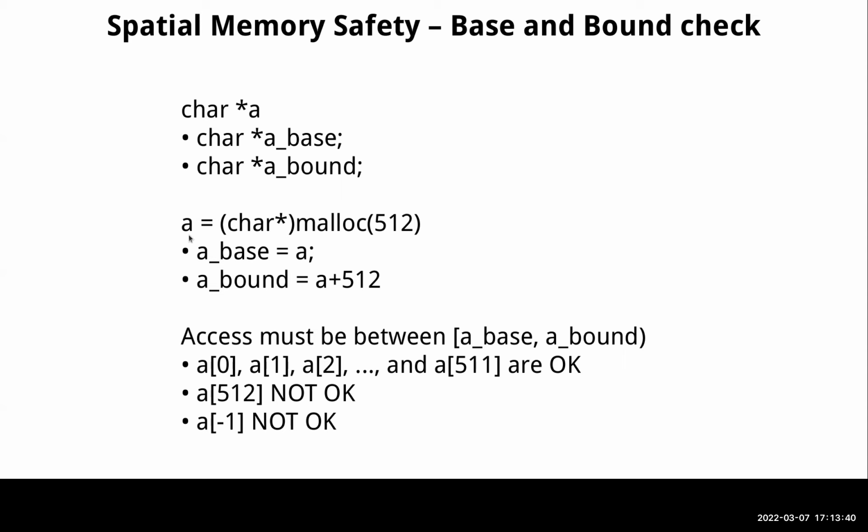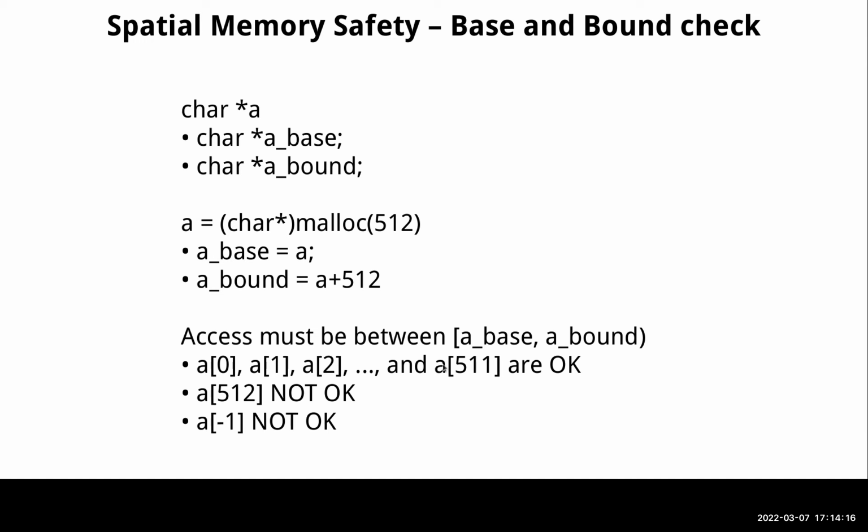Let's say we create a memory chunk and assign that memory chunk to A, then the compiler will instrument code to set the base as A and the bound as A plus 512. So then any access using A must be between this range, A base and A bound.